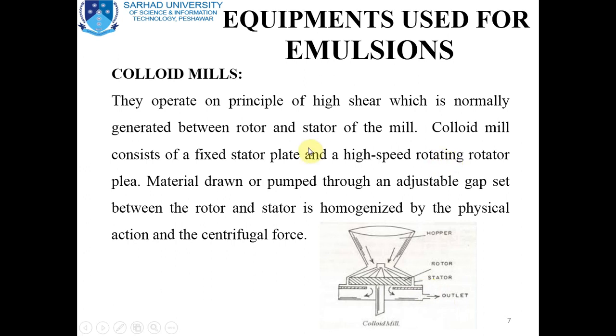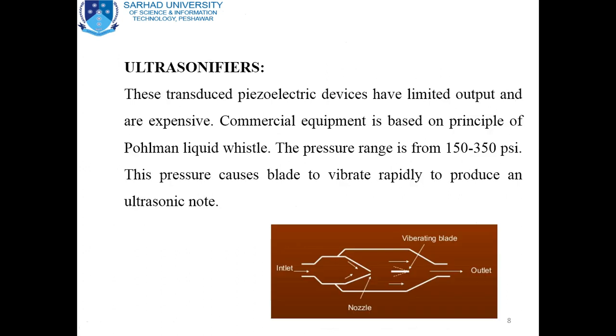It consists of a packed stator plate and a high speed rotating rotor plate. Material is drawn or pumped through an adjustable gap between the rotor and the stator, and after passing through this gap, it is homogenized by the physical action and the centrifugal force.